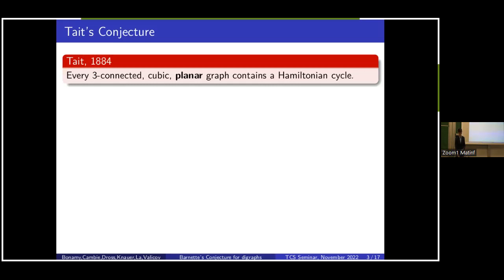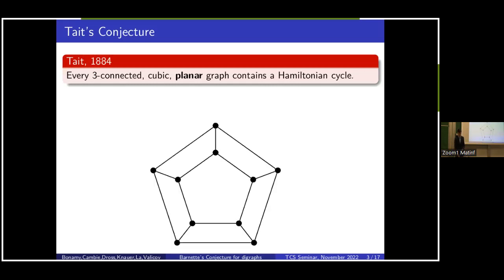And how can we do that? Well, take a look at this 3-connected cubic planar graph. It contains the Hamiltonian cycle. And its complement is this perfect matching. Now, if I remove these red edges from the graph and color the interior of this cycle, say blue, that gives me some face coloring of this graph, right?